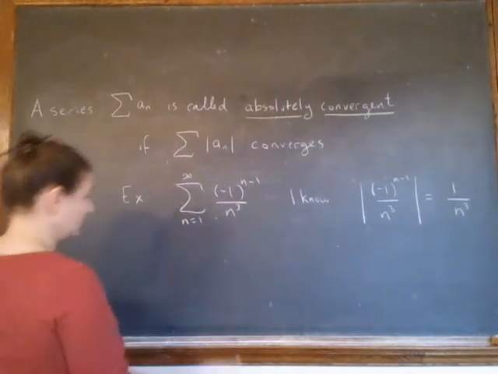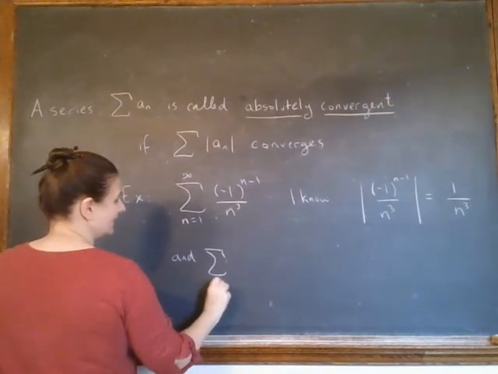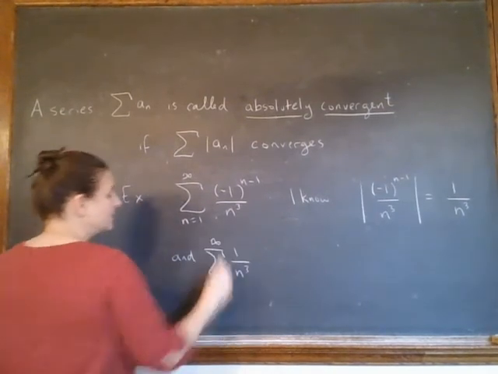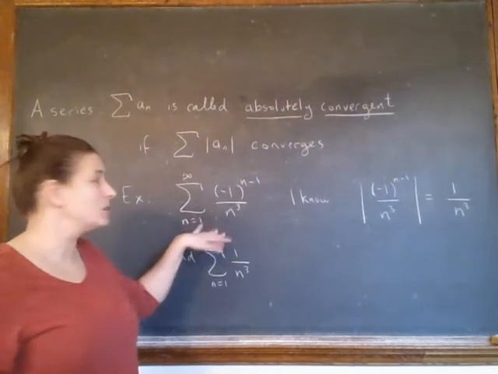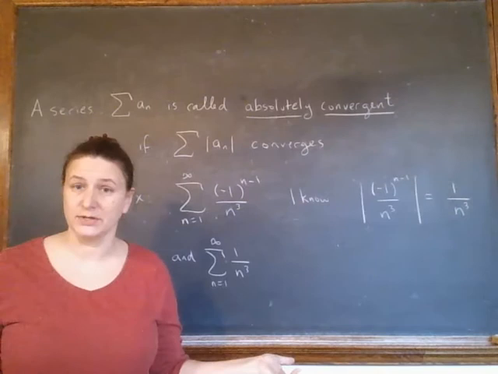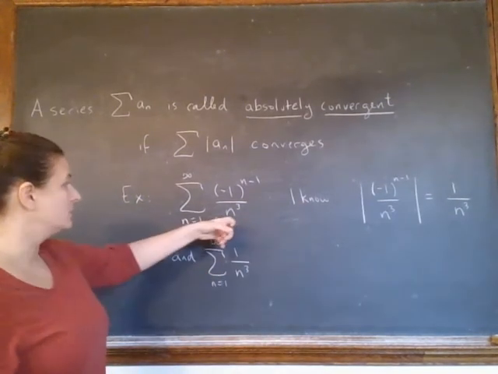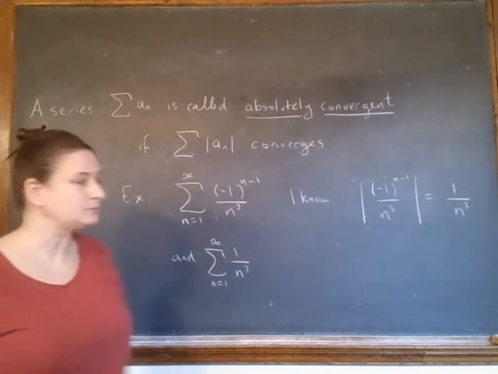And that series is a p series with p greater than 1, so I know this converges. So if I'm asked about this series, I can not only say it converges by the alternating series test, but I can also say it converges in absolute value. Its absolute value converges, or it's absolutely convergent.